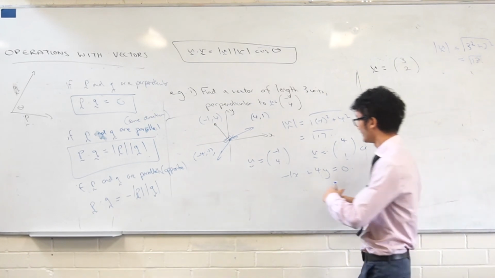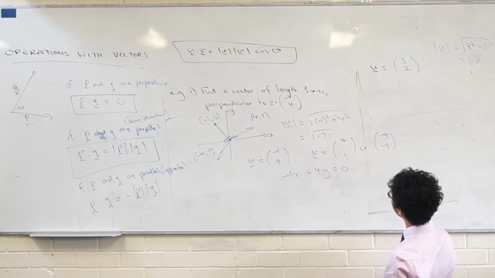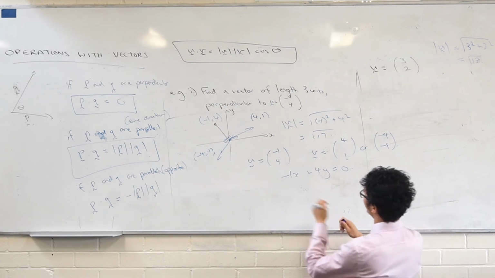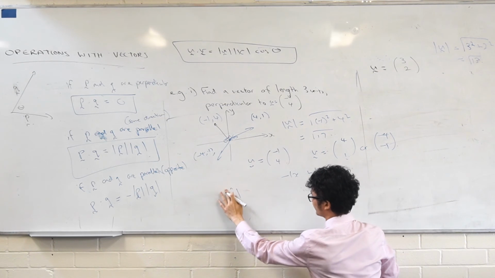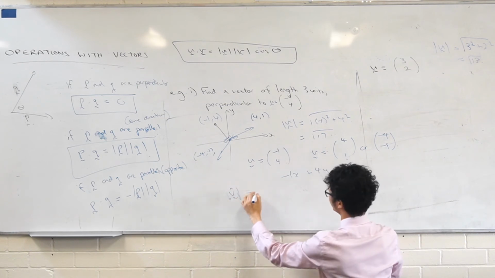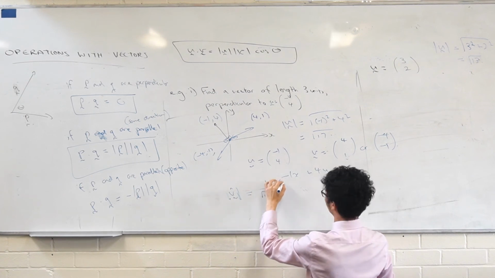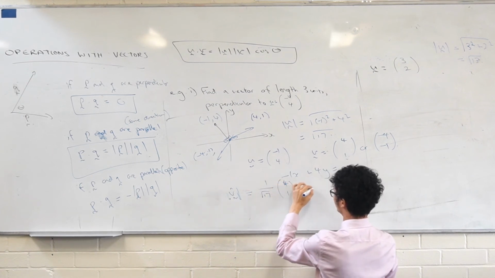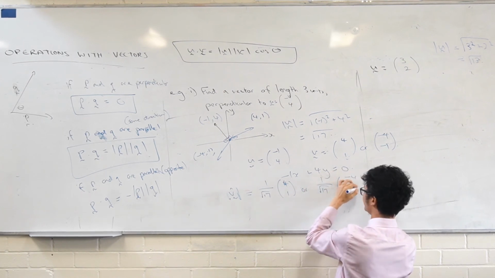So we have either (4, 1) or (-4, -1). The unit vector of each of those would be 1 on root 17 times (4, 1), or 1 on root 17 times (-4, -1).